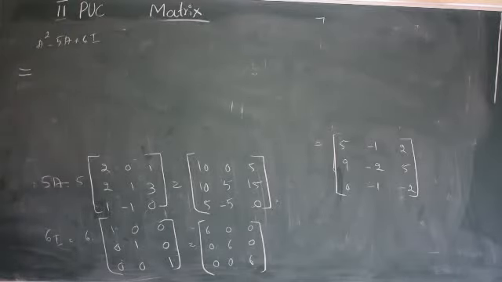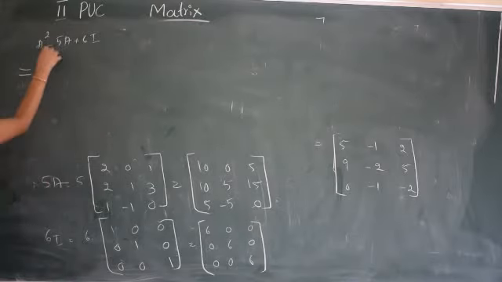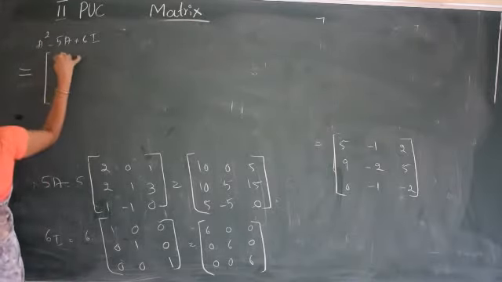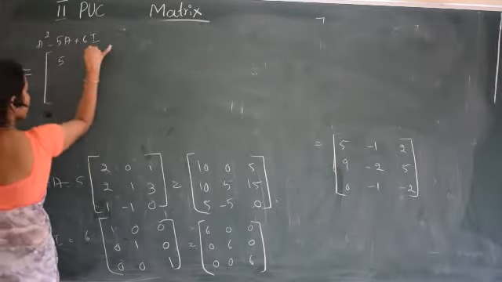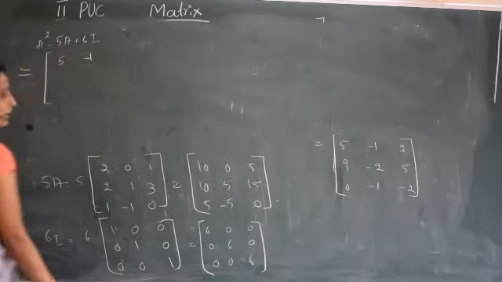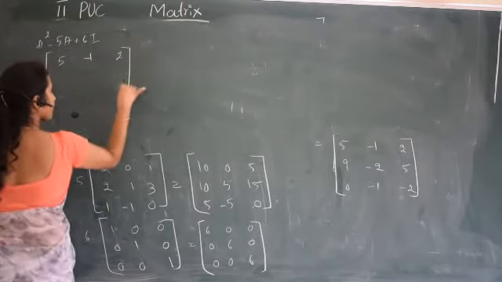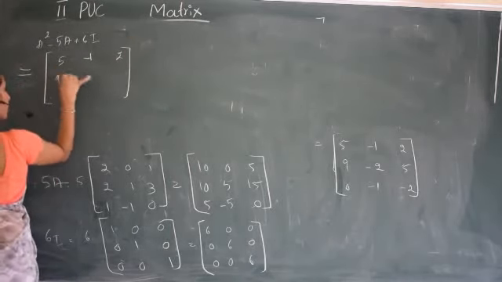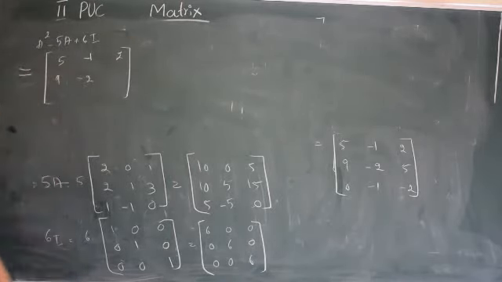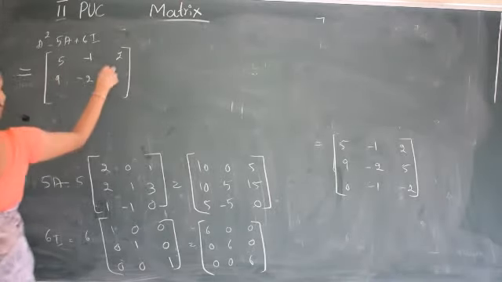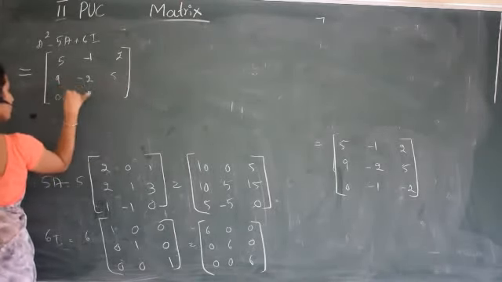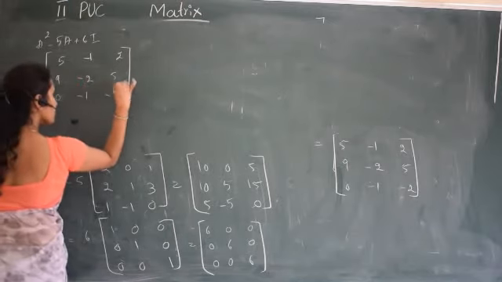We have to simplify and get the value of that. So this will be A square: 5, minus 1, 2; 9, minus 2, 5; 0, minus 1, minus 2.